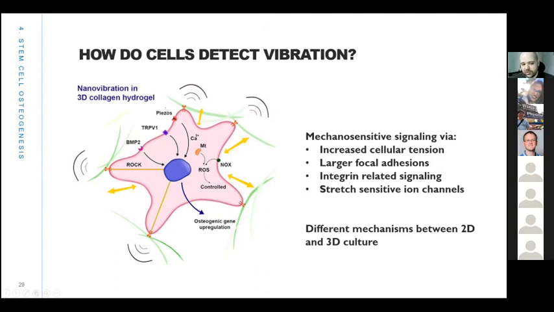Piezo channels are a type of channel, for example, that open when the cell membrane is stretched. So these are mechanically sensitive proteins on the cell surface, and when the cell is experiencing various forces, then we get calcium influx or various proteins transporting in the cell, and this can affect the cell function, change transcription, change how stem cells can differentiate and form other cell types, like bone cells.